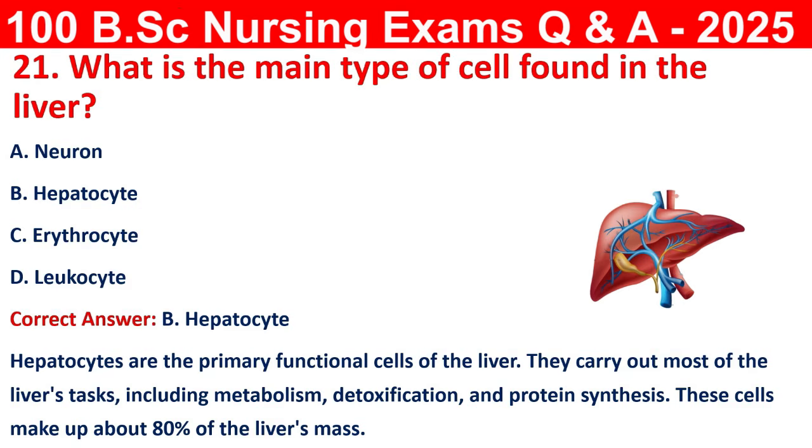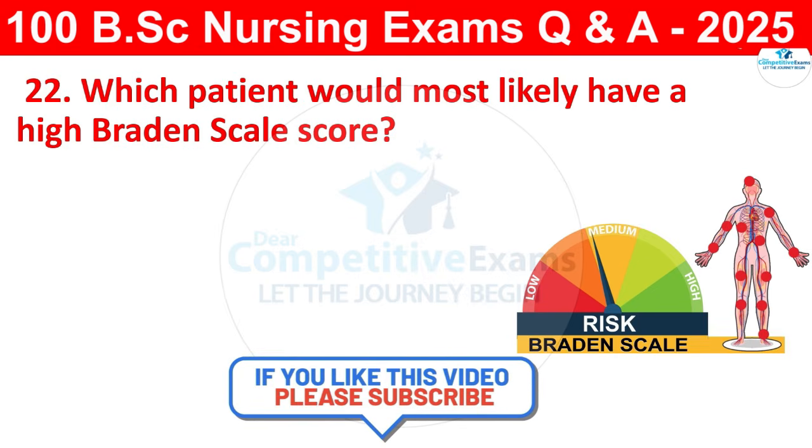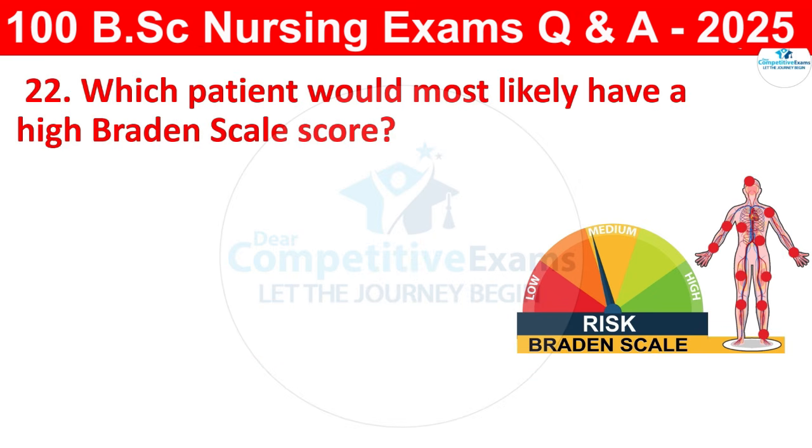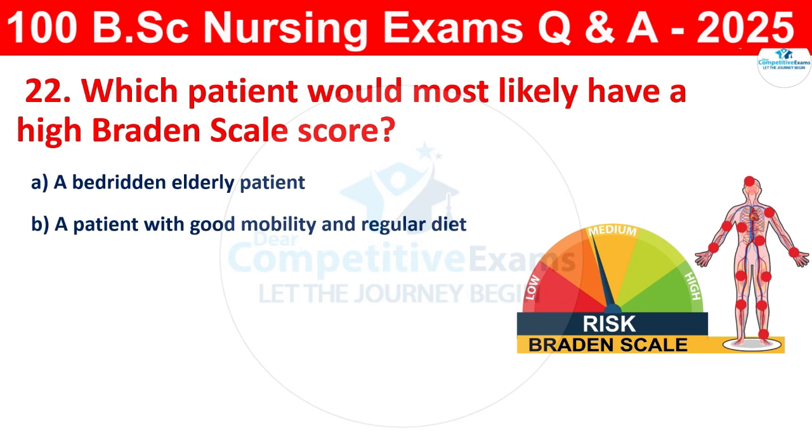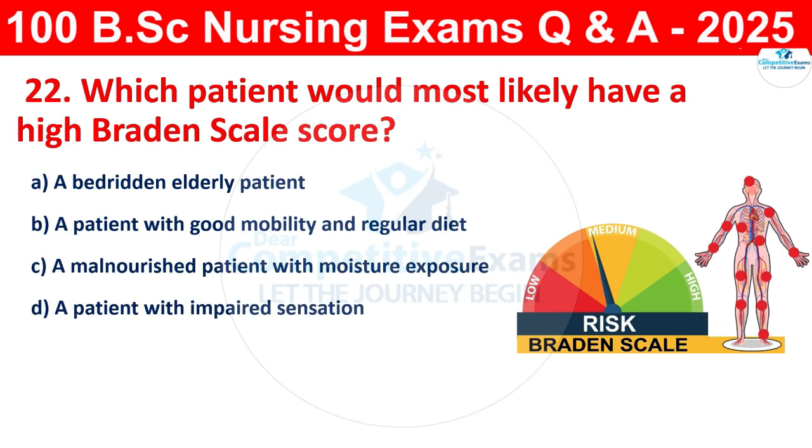Question number 22. Which patient would most likely have a high Braden scale score? The options are a bedridden elderly patient, a patient with good mobility and regular diet, a malnourished patient with moisture exposure, or a patient with impaired sensation.